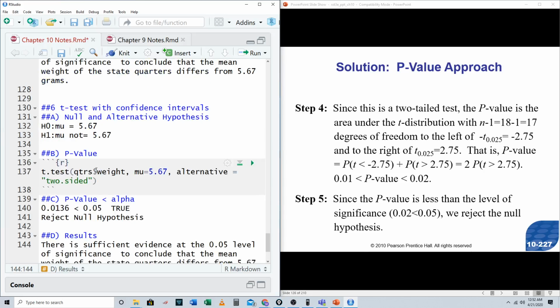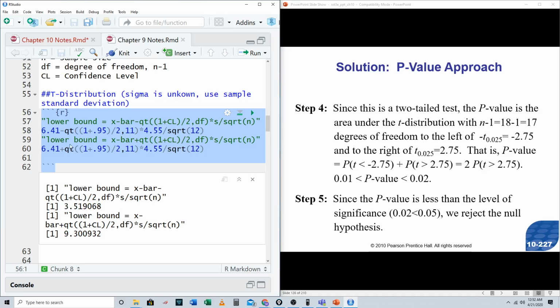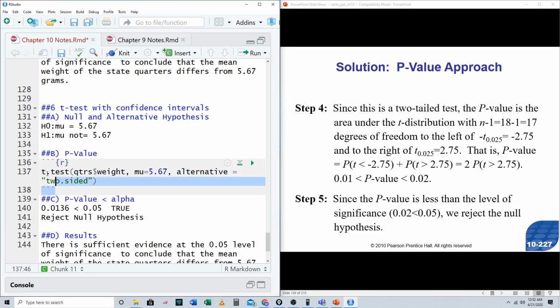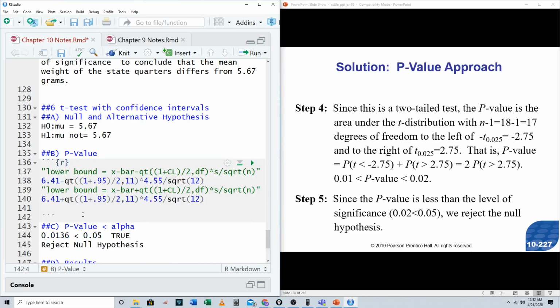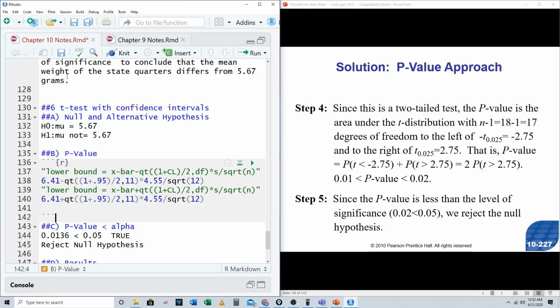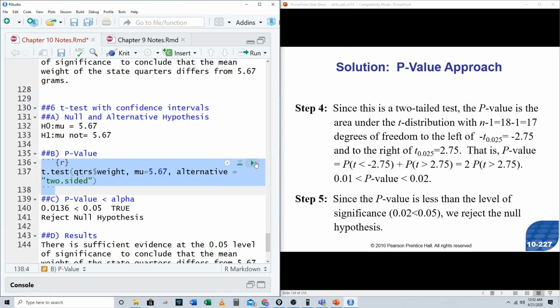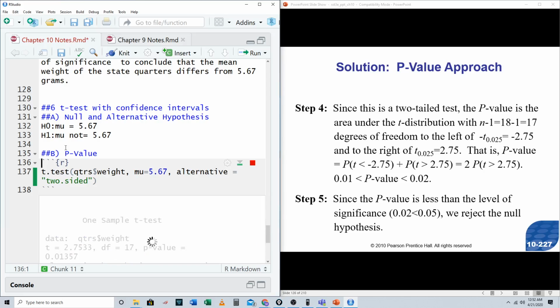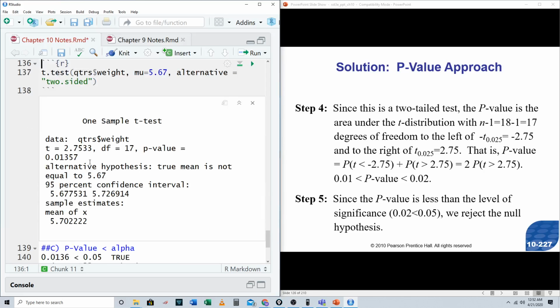All we have to do is get rid of that. Run this again. Okay, but instead, we are going to use this confidence interval.